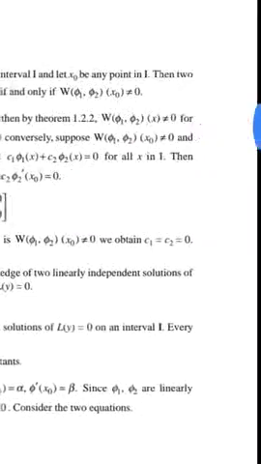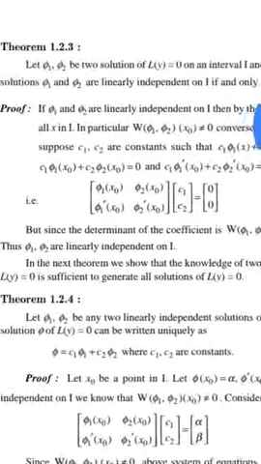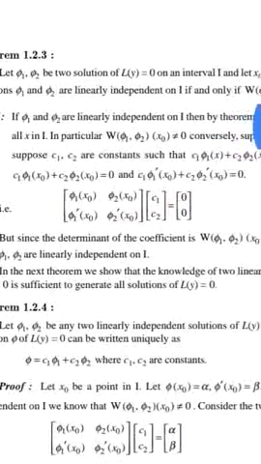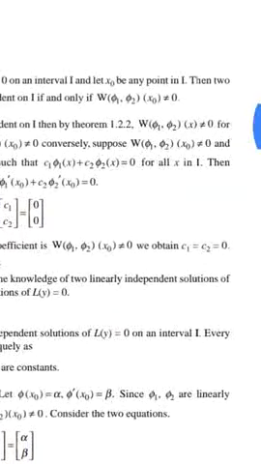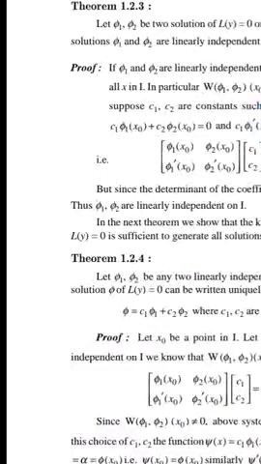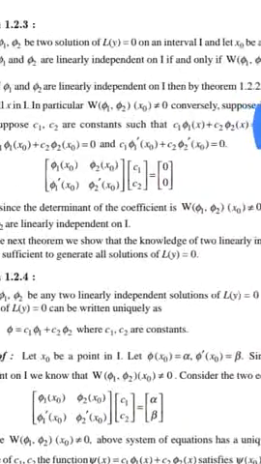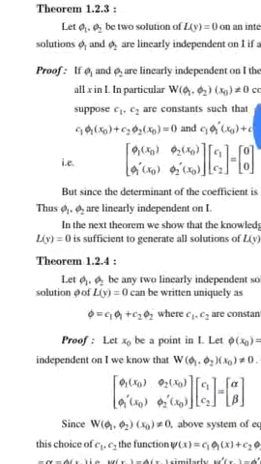Conversely, suppose that W of phi1, phi2 of x naught is not equal to 0, and suppose c1, c2 are constants such that c1 phi1 of x plus c2 phi2 of x is equal to 0 for all x in I. Then c1 phi1 of x naught plus c2 phi2 of x naught is equal to 0, and c1 phi1 dash of x naught plus c2 phi2 dash of x naught is equal to 0.